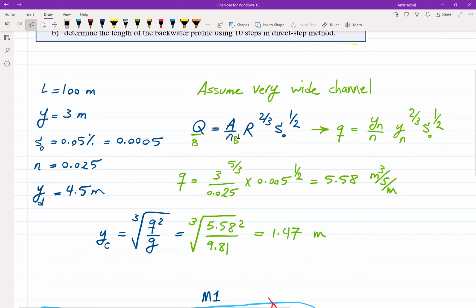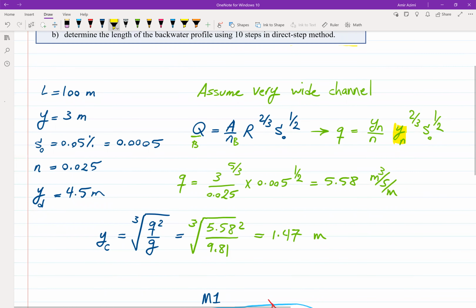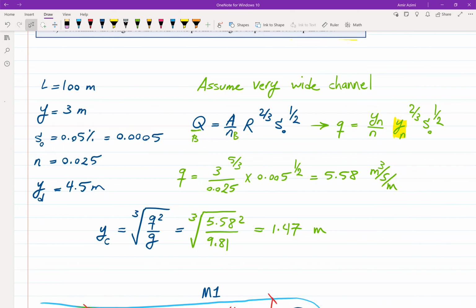Then hydraulic radius in a very wide channel is equal to the depth. And then we have specific discharge equal to depth to the power of 5/3 divided by n times slope to the power of 1/2.